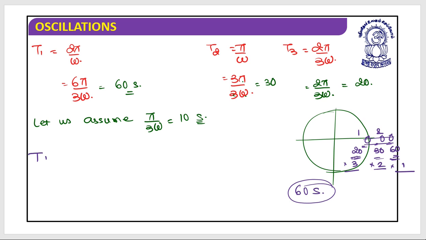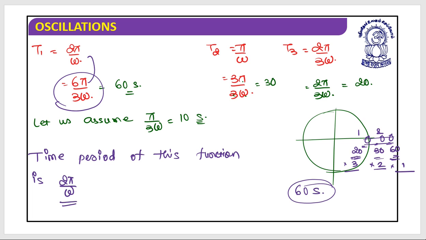So it's the time period of this function, because this is not performing SHM. The time period of this function is 2 pi by omega, because this 6 pi by 3 omega is 2 pi by omega. I hope this is clear. Is it clear? Do you understand this? I hope you can do this kind of question.